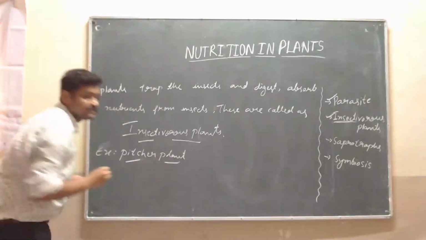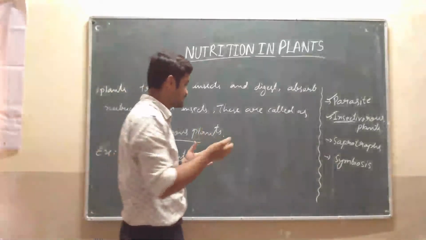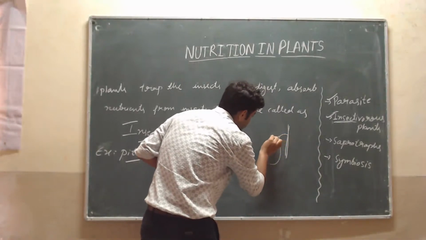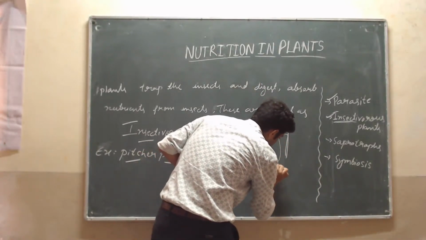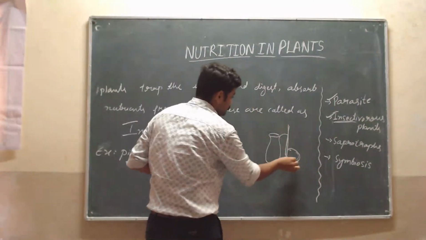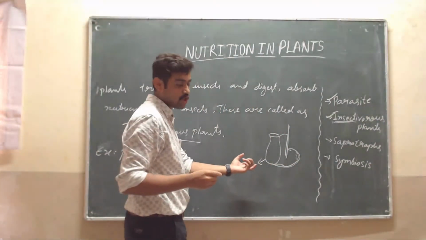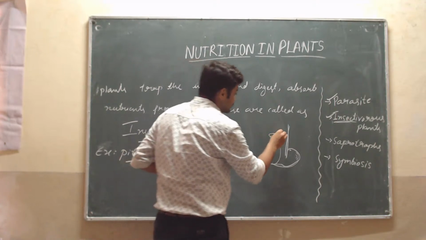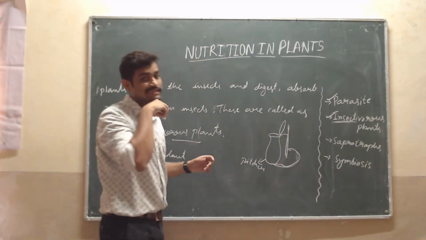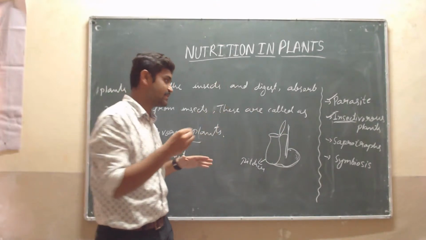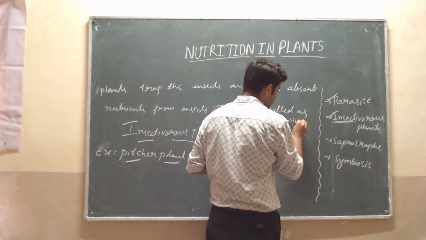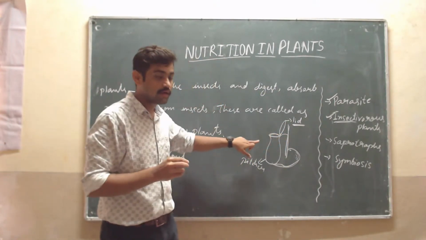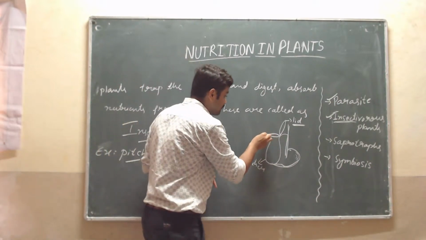Notice the pitcher plant, it is actually a jug-shaped plant. This jug-shaped part is called the pitcher. Here there is an opening and closing part of this pitcher, which is called the lid. And this round part that we are seeing here is called the rim.